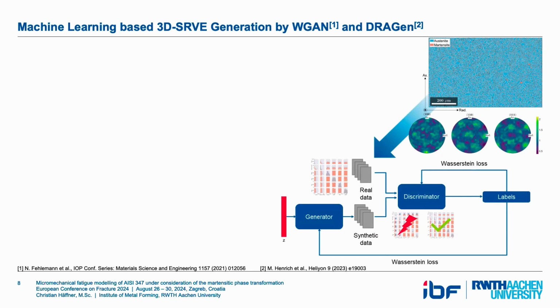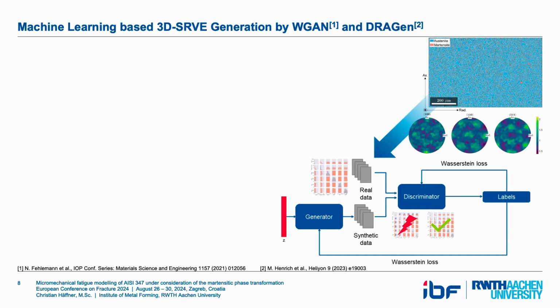To explain it a little bit easily and non-scientifically, we have a generator, a criminal, and a discriminator, which is the policeman. The criminal creates counterfeit money, so fake money, and gives it to the policeman. The policeman gets this fake money and also the real money, and he can distinguish it at the beginning.